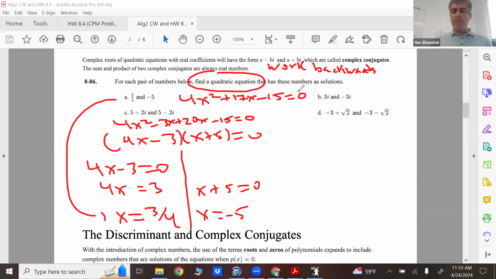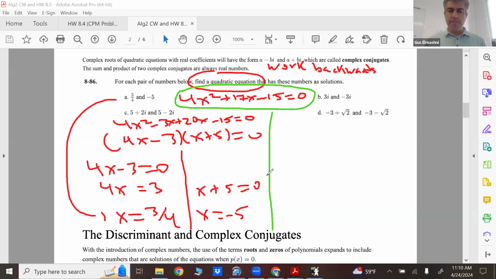So you can see how I'm able to get the answer by working backwards. Okay. That's 86 part A.